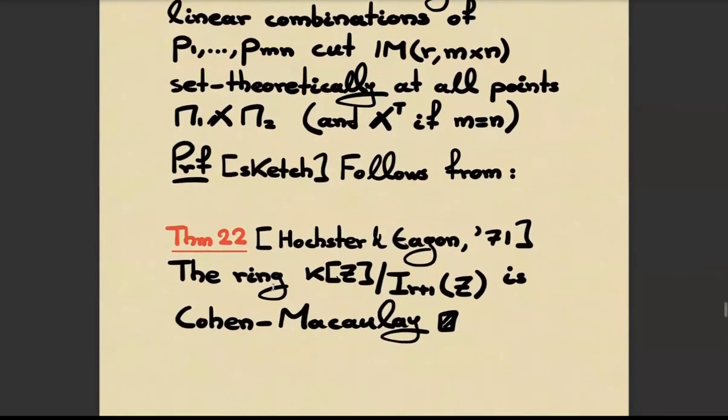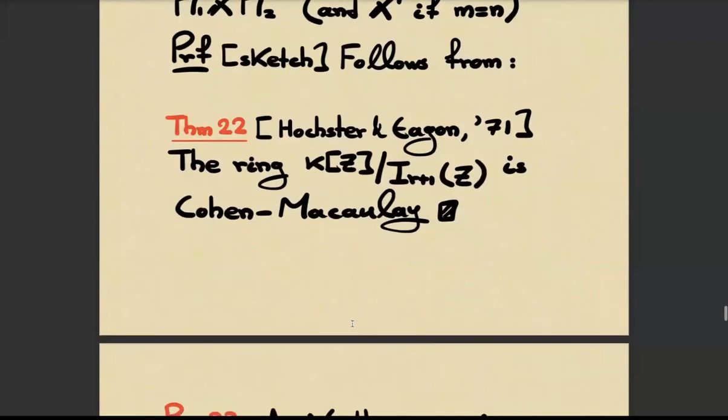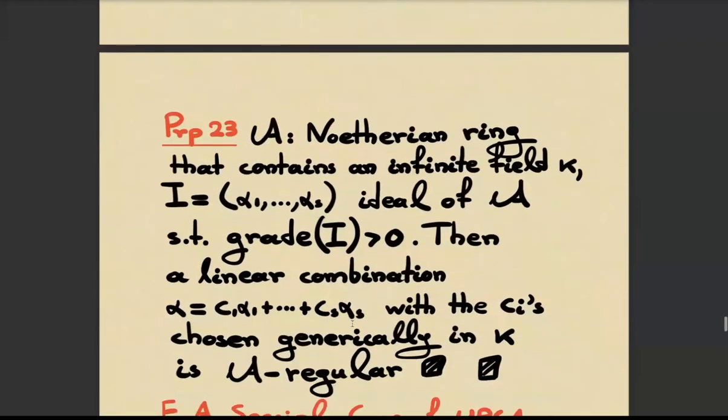So quick sketch. Another famous result about this determinantal variety is that the quotient ring is Cohen-Macaulay. And moreover, another general fact is if I have a Noetherian ring that contains an infinite field, K, and I have an ideal I generated by S elements, alpha 1 up to alpha S, of positive grade.